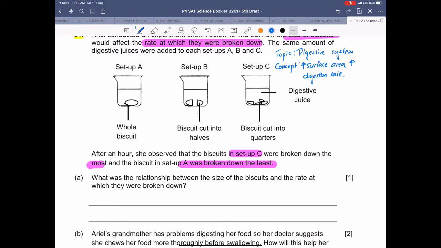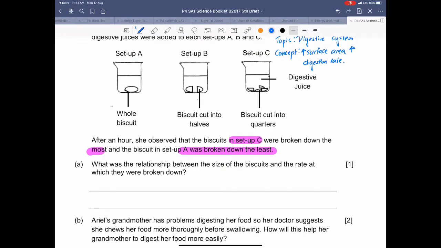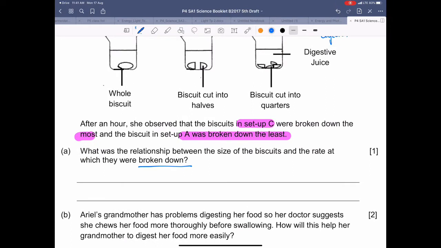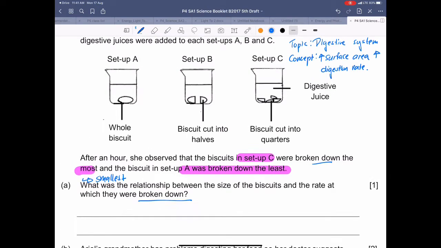So they're looking at the size of the biscuit. Don't tell me they were digested faster. I didn't mention anything about digested faster. I used the words broken down. So follow the same. Basically they told you set up C was broken up the most. Broken up the most means that it's also the smallest. So given that it is the smallest, it was also faster.